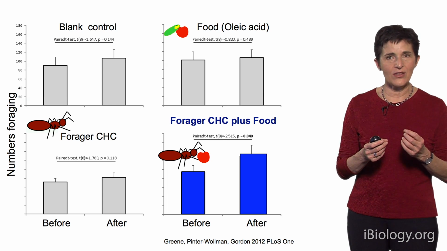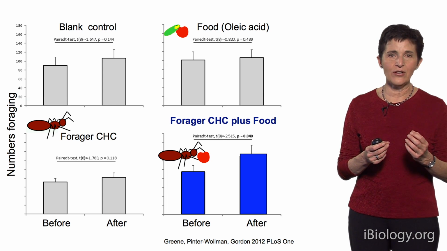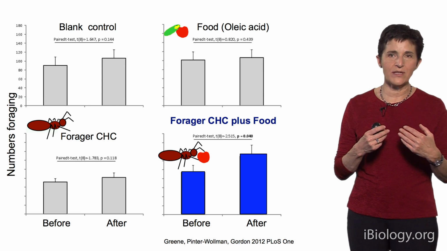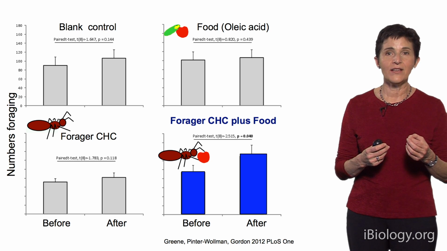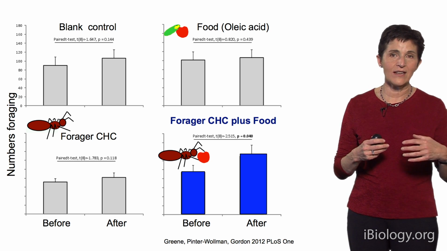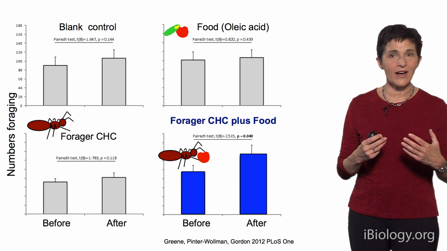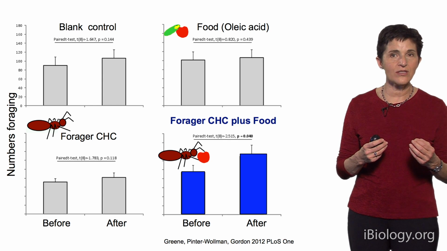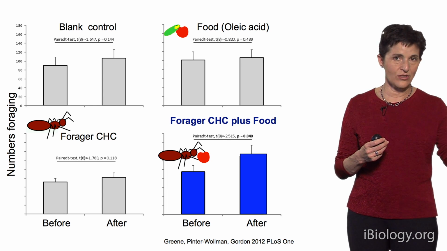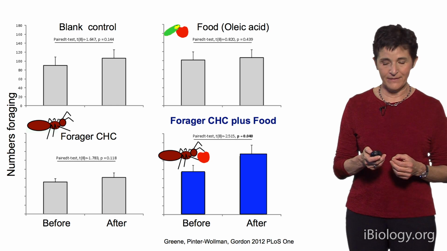So by using the combined odor of hydrocarbons and food, the ants are getting a more precise assessment of the rate at which they're actually coming in. So this is a very interesting refinement of the interaction network that allows them to regulate foraging more closely to the rate at which foragers are finding food and bringing it back in.